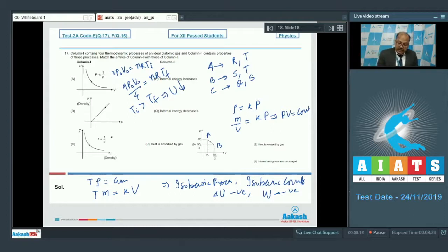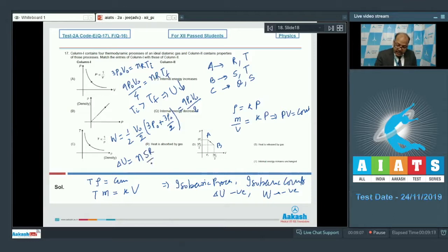So let's first write work done by the gas. Work done by the gas is equal to area of the trapezium, and that is equal to 1 by 2 into height. Height is V0 by 2 into sum of parallel sides, which is 3 P0 plus 3 P0 by 2. This will simplify to 9 P0 V0 by 8. Let's also look at delta U. Delta U is equal to n Cv into change in temperature. It's a diatomic gas, so Cv is 5R by 2.